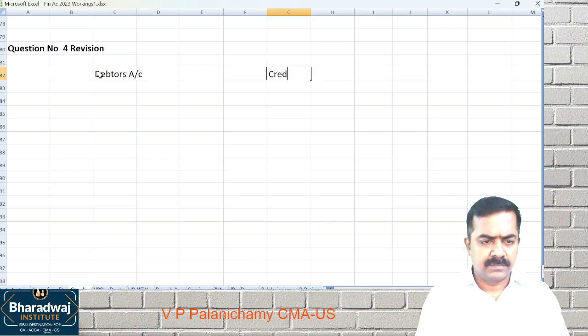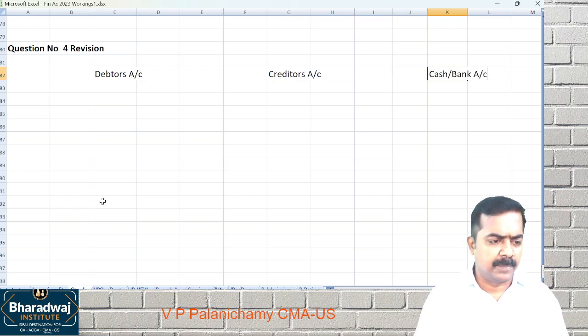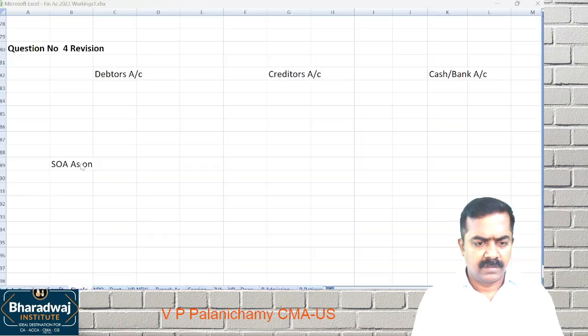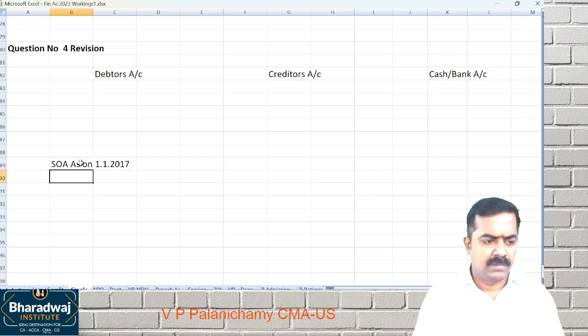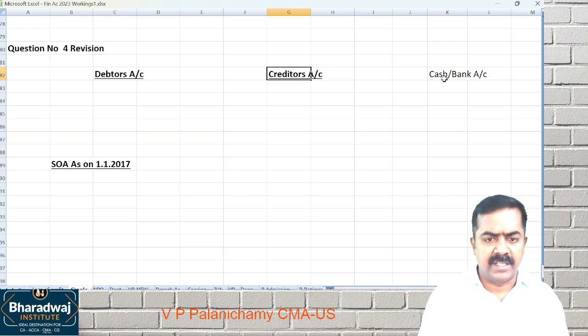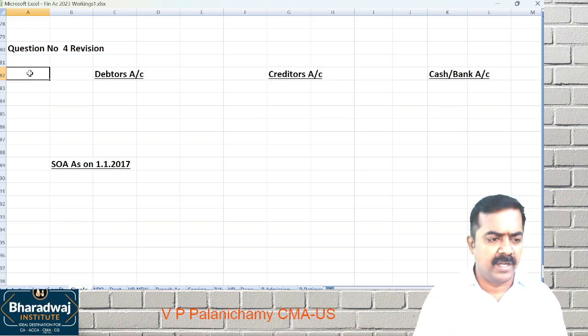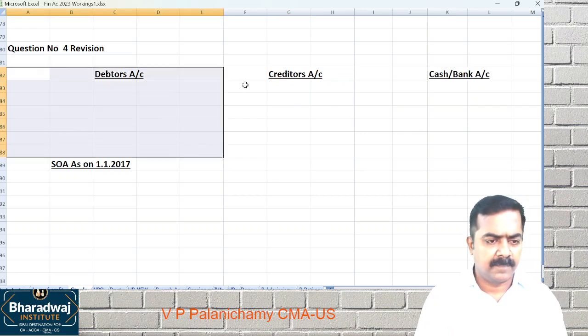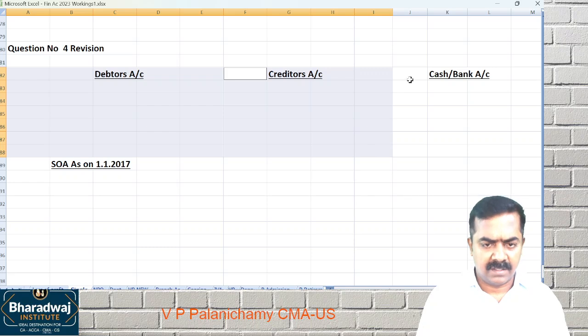Debtors account, creditors account, cash or bank account. You have to prepare the statement of affairs at the beginning of the year. Let us solve it like we are solving an exam question. Revision is more like solving exam-oriented questions in the class, and the marks. Start. You can do it along with me. Don't wait.